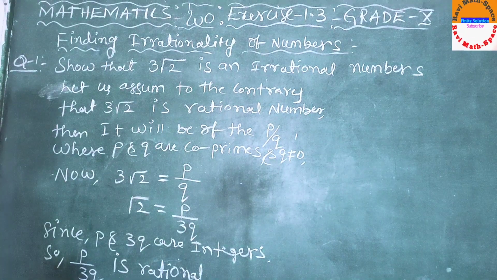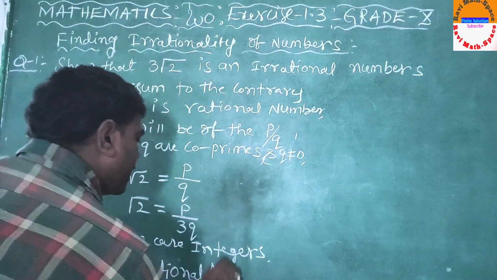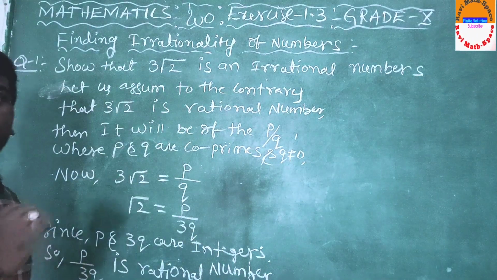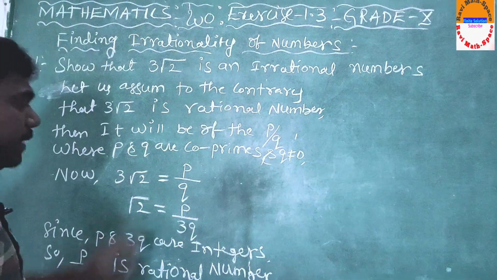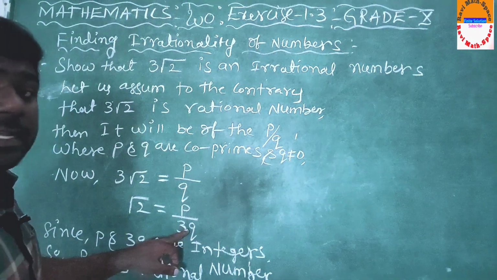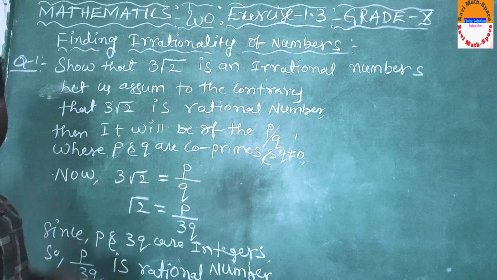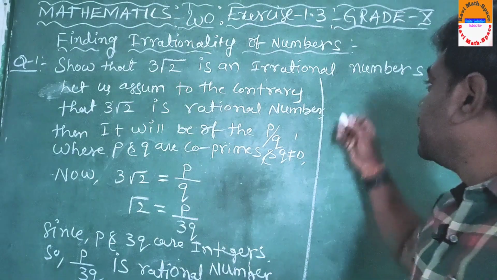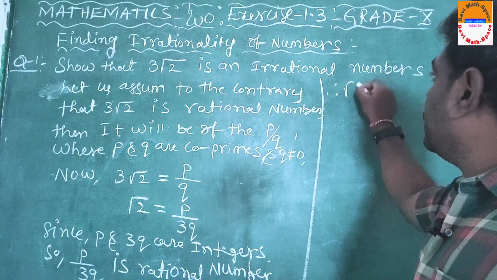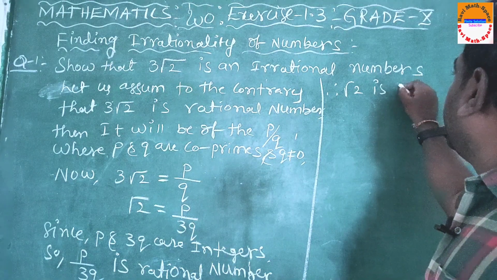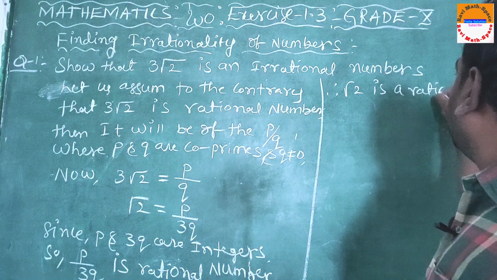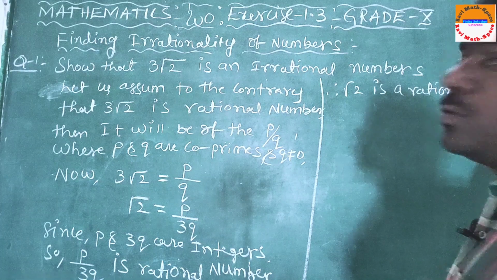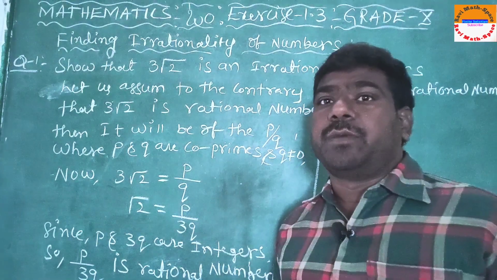When p by 3q is a rational number, automatically root 2 is also rational. Root 2 is also rational. I am writing: therefore, root 2 is a rational number.